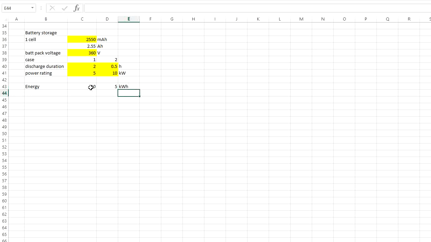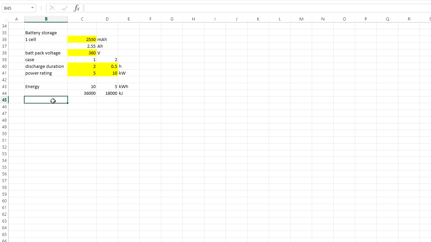So the first case requires 10 kilowatt hours, the second case requires 5 kilowatt hours. Also we can convert it to kilojoules.